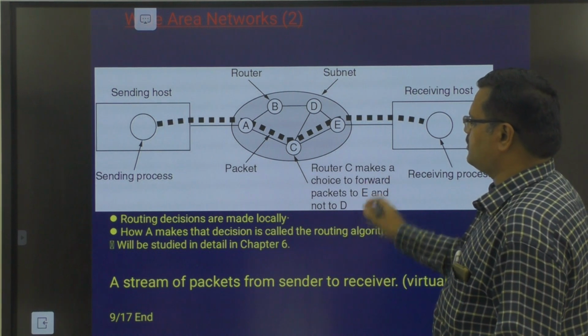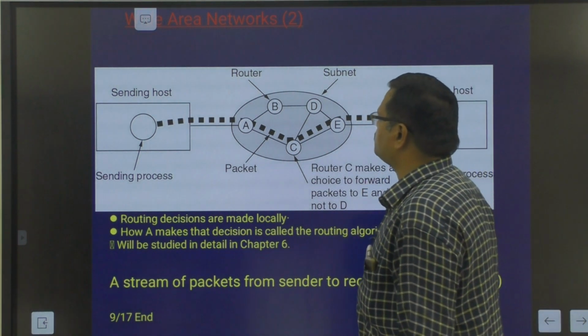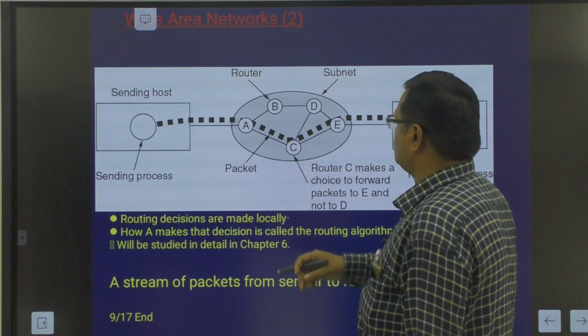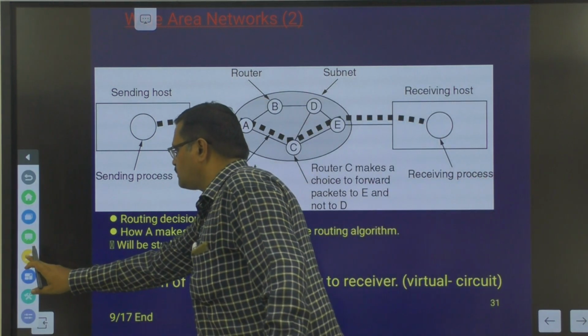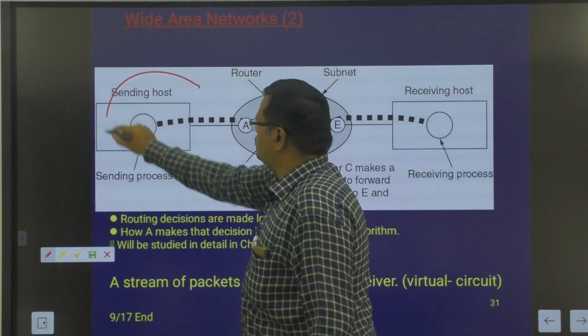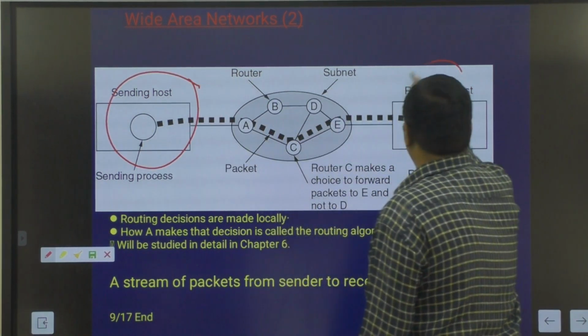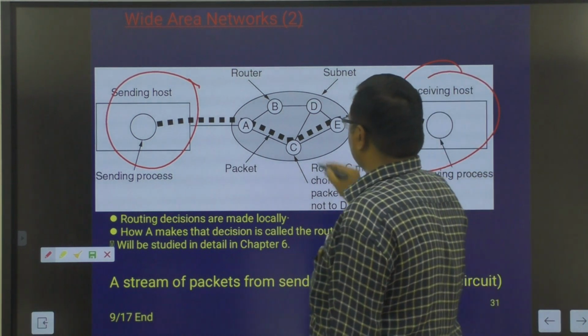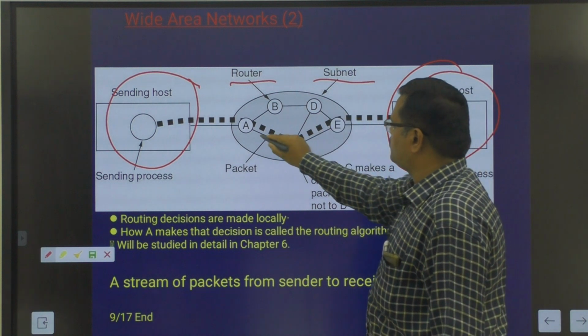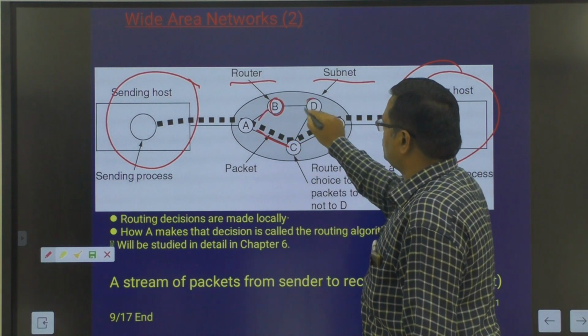So this is a diagram depicting the wide area network. Okay, so this is the sending host, this is the receiving host. In between there is a subnet which consists of transmission lines and routers.